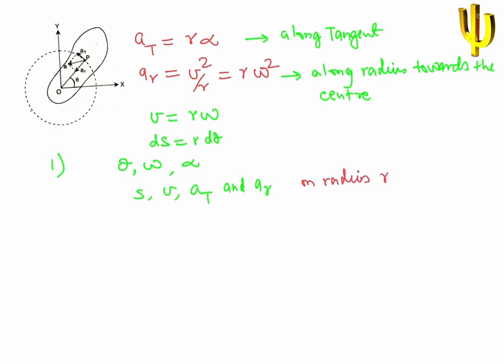Greater the distance of a point from the axis of rotation, greater will be the value of S, V, AT and AR.